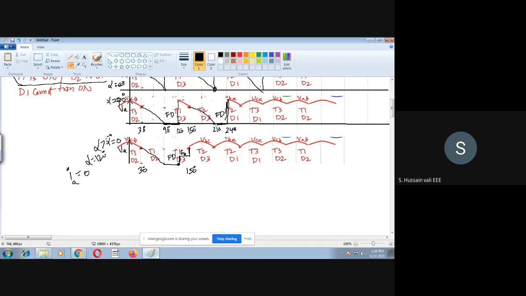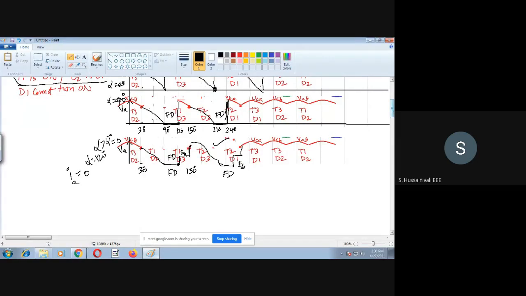So this part is EB, whereas this part is freewheeling diode. So the remaining are, so this is the waveform.